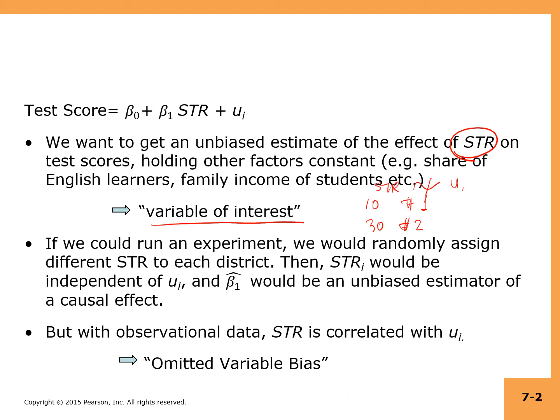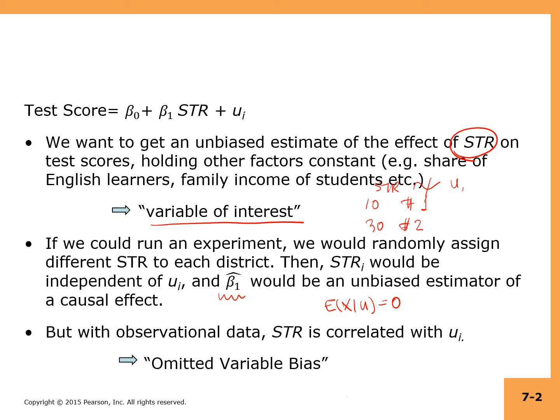And since student-to-teacher ratio is not correlated with u_i, the expectation of u given x is equal to 0. And we said that the estimated beta hat 1 is unbiased and is the causal effect of student-to-teacher ratio on test score.